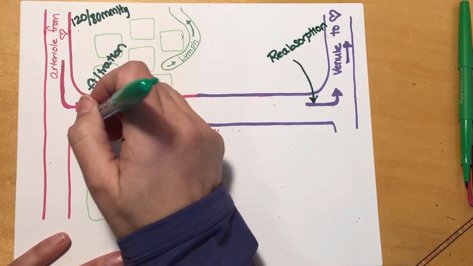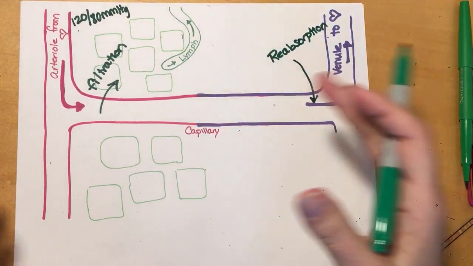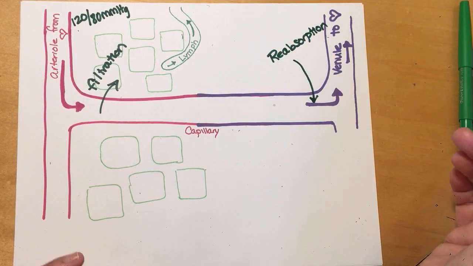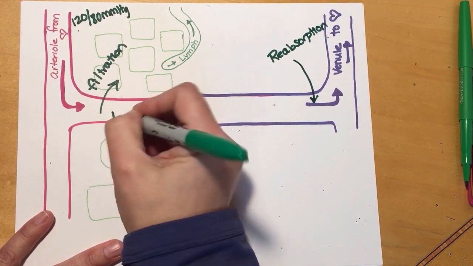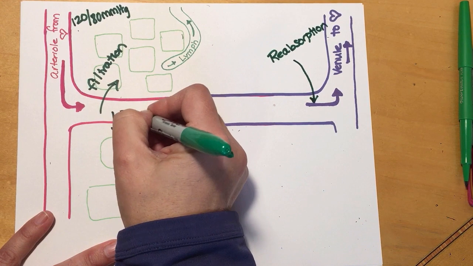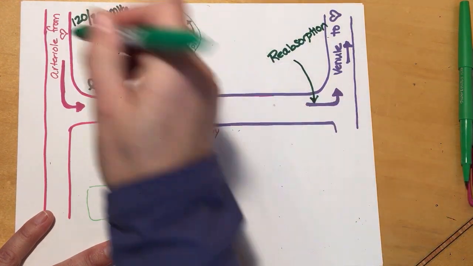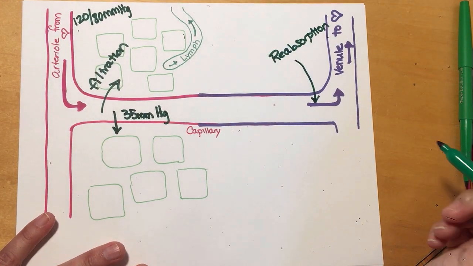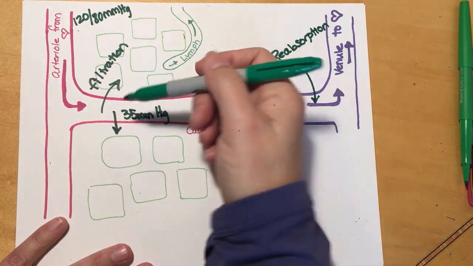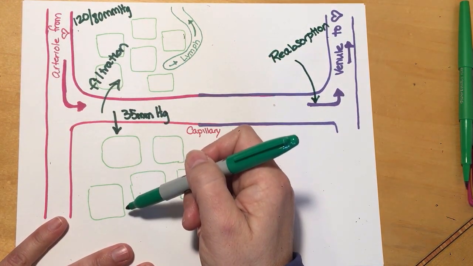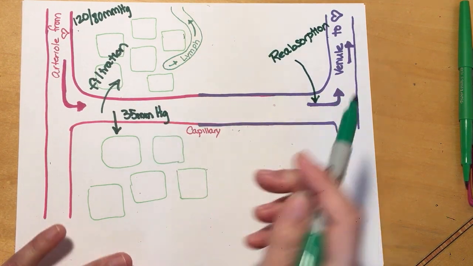Now, down by the capillaries, though, we have split and split and split and increased the volume of the amount of vessels so much that we only have about 35 millimeters of mercury of pressure left from that hydrostatic pressure, or blood pressure. So you can understand how things are going to be pushed out of the capillary because you're basically forcing them out by the force of blood pressure.